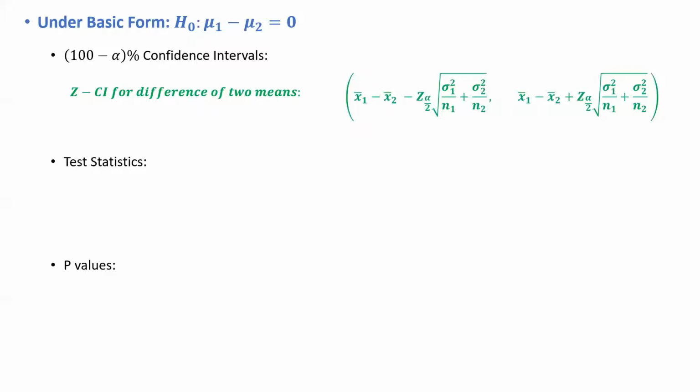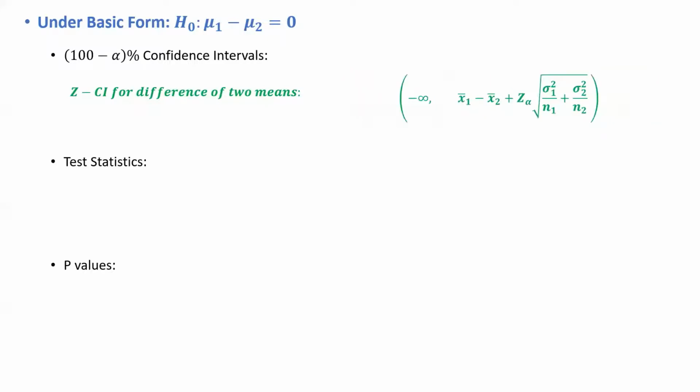If 0 is not inside of the confidence interval, then we reject the null hypothesis, i.e. the data support the alternative hypothesis, which indicates the true mean difference is not equal to 0. Remember again, this confidence interval is for the difference of the two means.